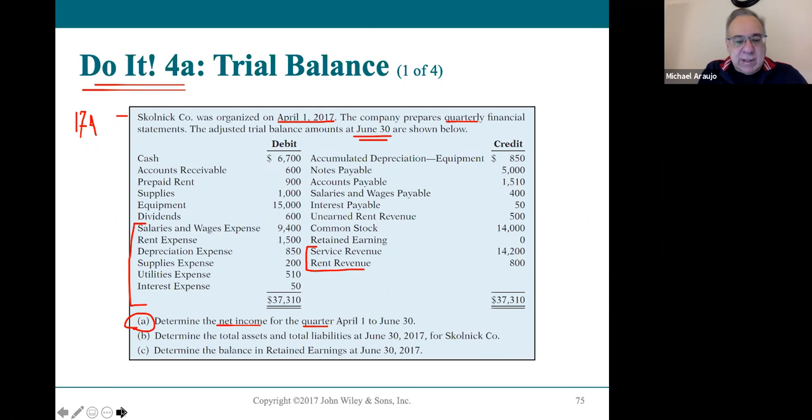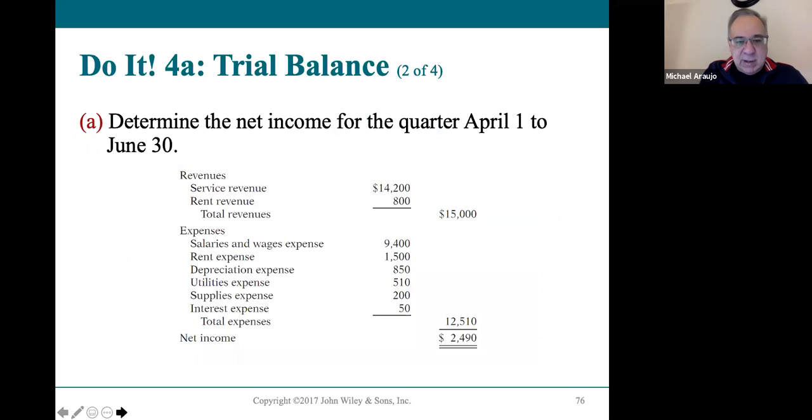Your book doesn't actually have a formal income statement. Oh, actually it does. Okay, good. It doesn't have a heading. But as you see, we have total revenue of 15,000, total expenses of 12,510.